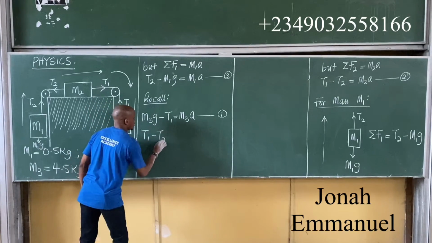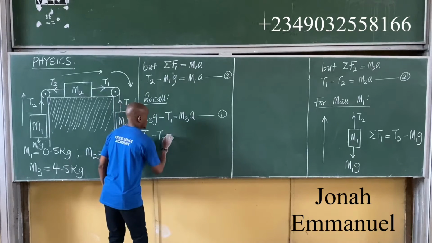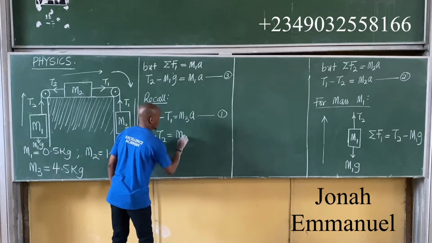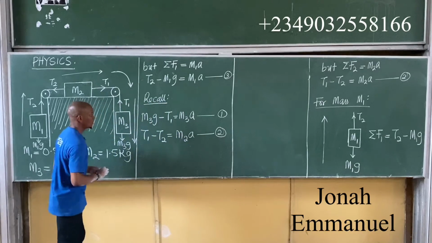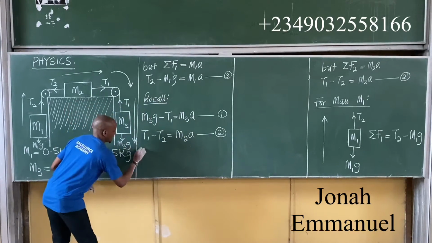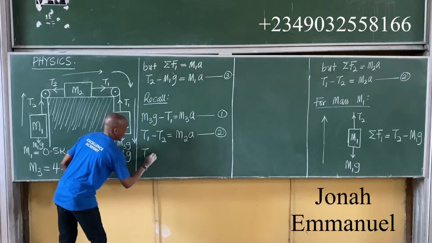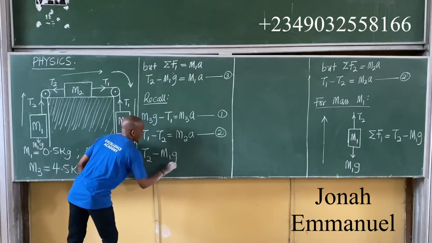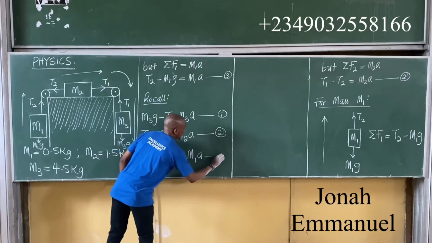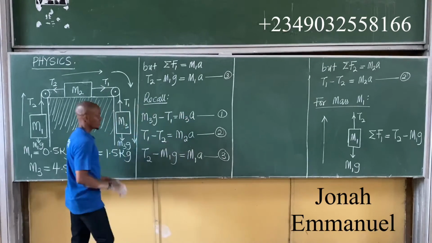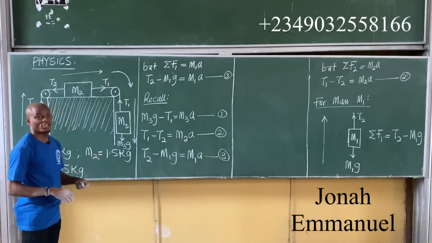T1 minus T2 is equal to M2A. Here's my second equation. From the third equation, I have T2 minus M1G is equal to M1A. Call this equation 3. So solve these three simultaneously to get A.